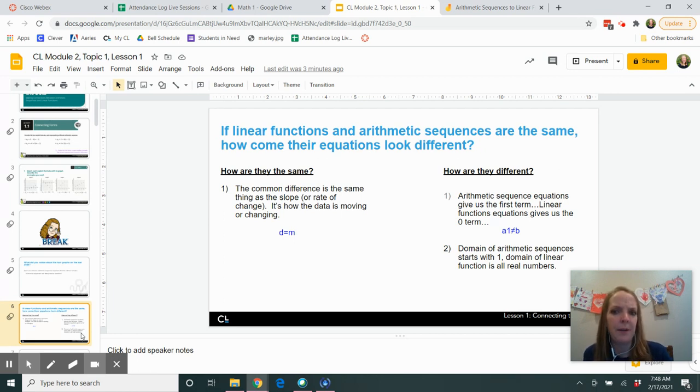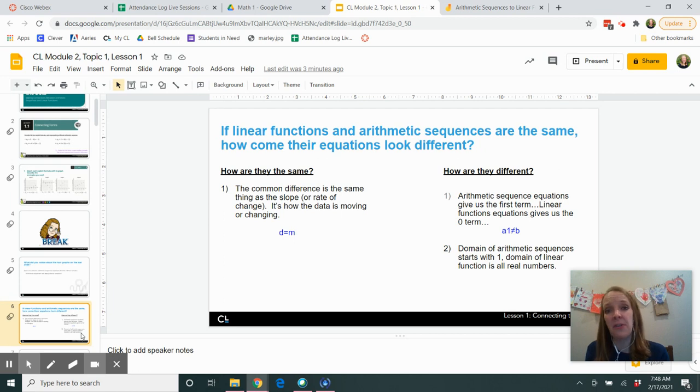So then what's different? Don't worry about number 2 today, but we're going to look at number 1 on how they're different. In an arithmetic equation, we're given a sub 1. We're given the first term. If we were to write the numbers out as a sequence, we know the first one, right? In a linear function, f of x equals mx plus b.